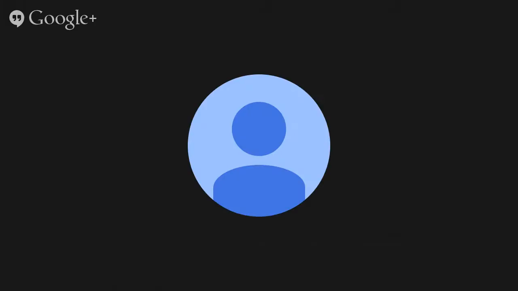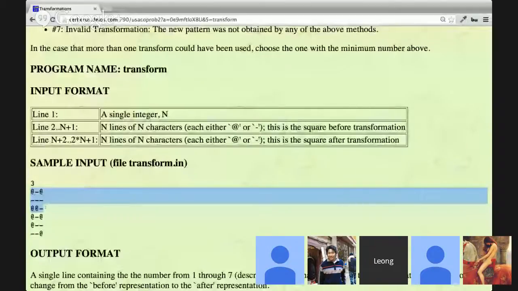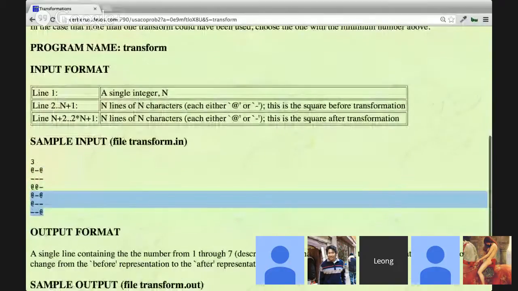Here we indicate the number of matrices, 3. What we need to do is, based on the first matrix, find out which transformation can indicate this output.